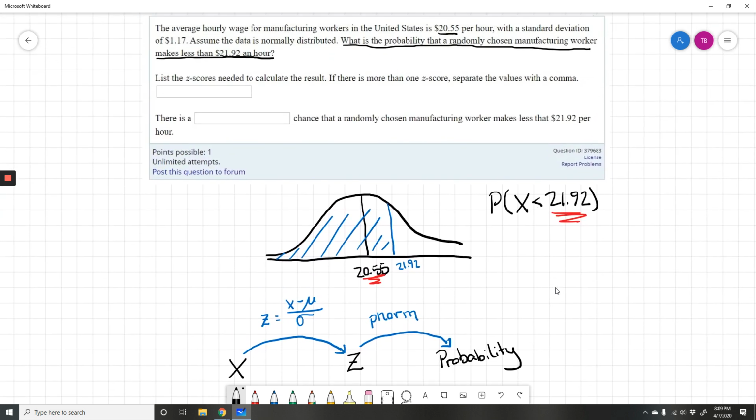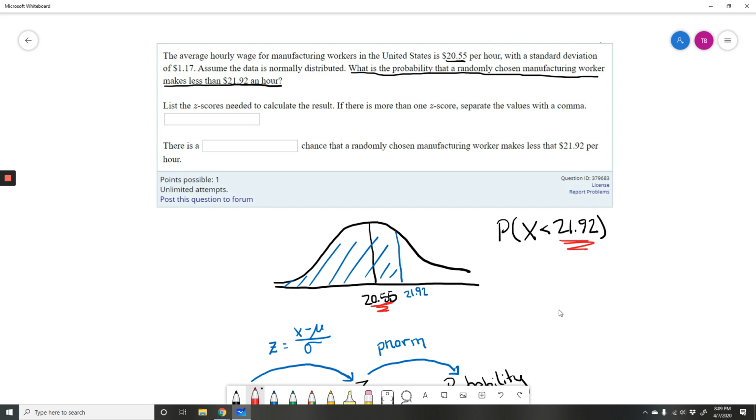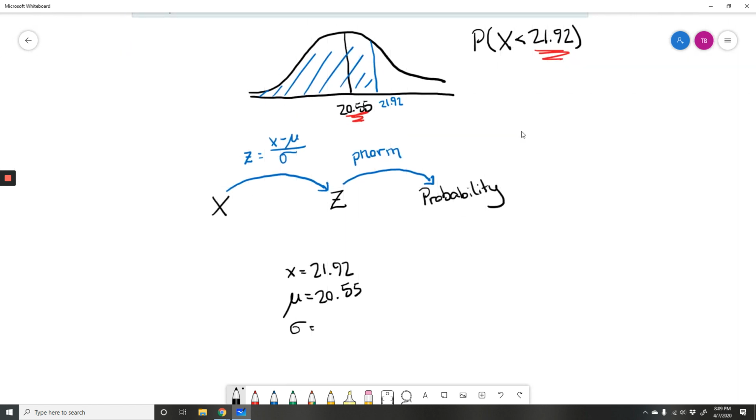So if we go back up, we could see the standard deviation of $1.17. And so that's our sigma. And so to calculate our Z, we're going to have our X minus mu over sigma, which in our case is going to be 21.92 for the X, minus 20.55 for the mu, over 1.17 for the sigma.